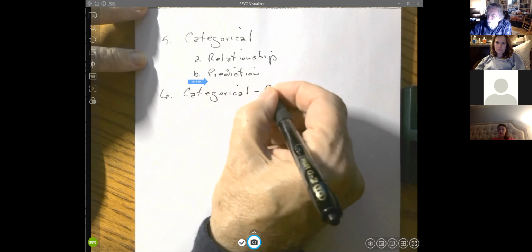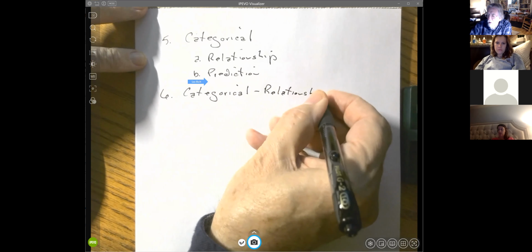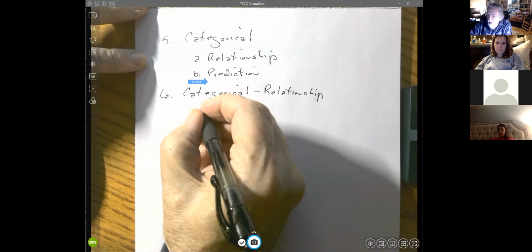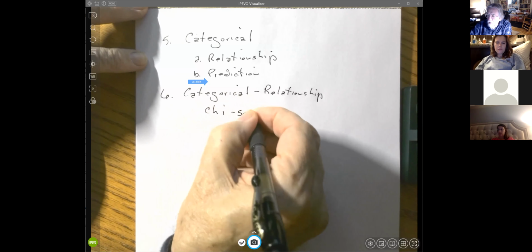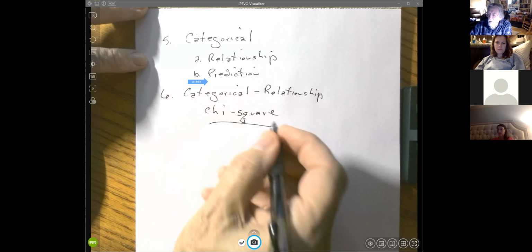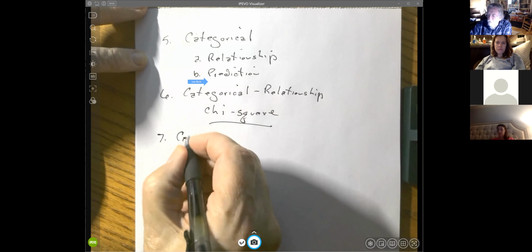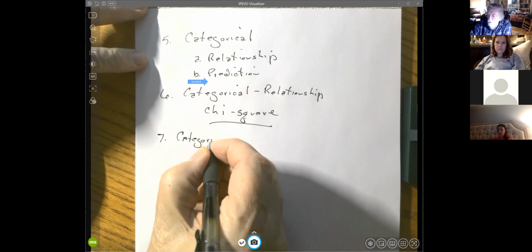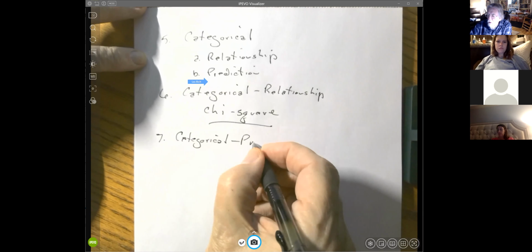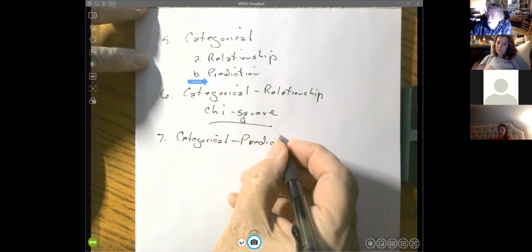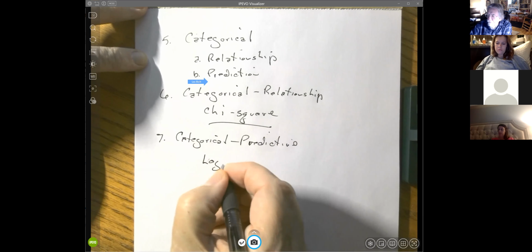And so if we are categorical and related, that's chi-square. And if we are categorical and predictive, then that's logistic regression.